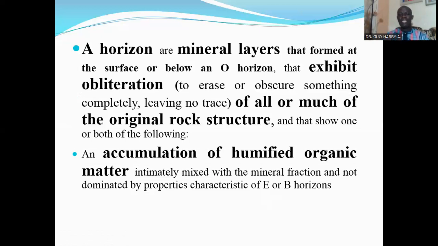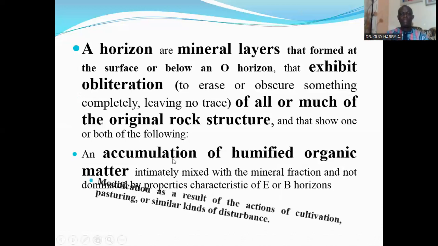Humidified organic matter basically means organic matter that has already started decomposing, forming humus or has formed humus. This humidified organic matter accumulates in the A horizon and is mixed with the soil. The A horizon has properties that are different from those of the E and the B horizons.